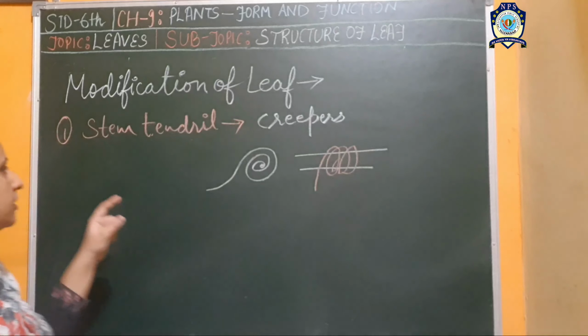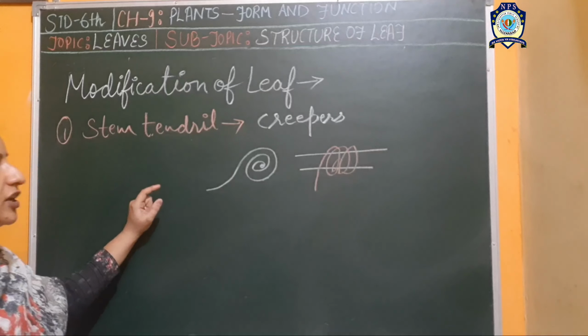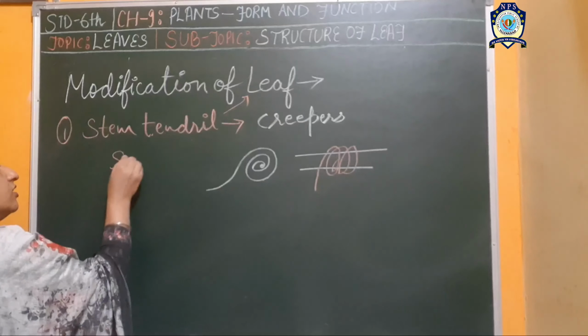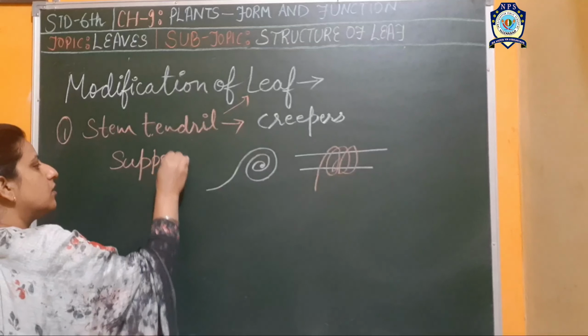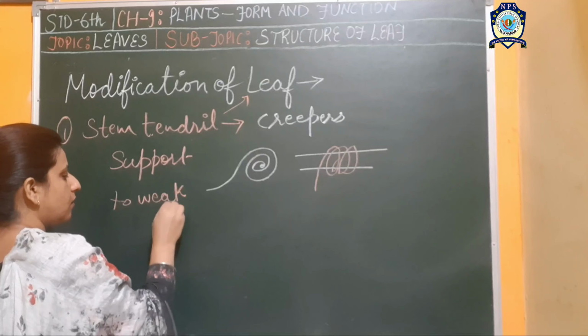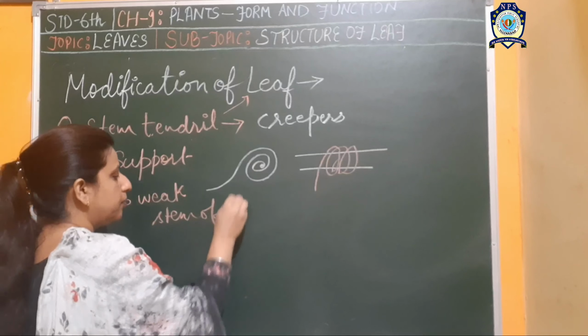Okay, so these stem tendrils are the modification of what? They are the modification of the leaves, and they provide support to the weak stem of the plant.